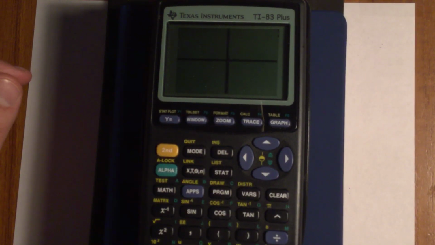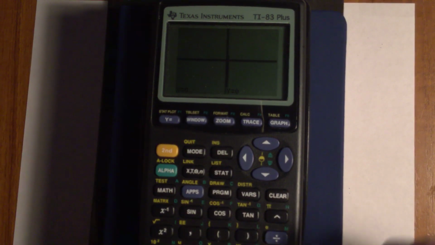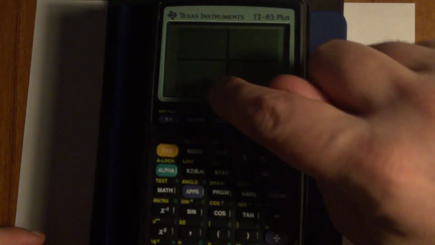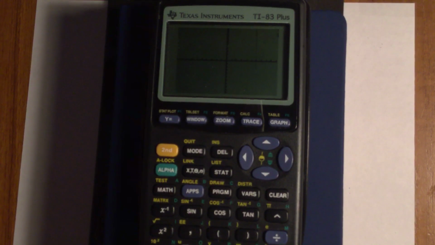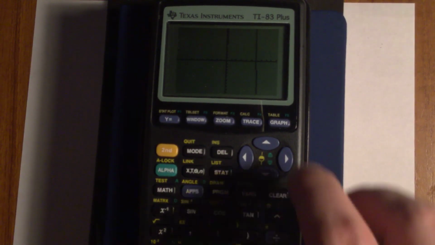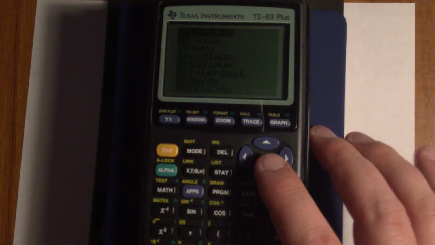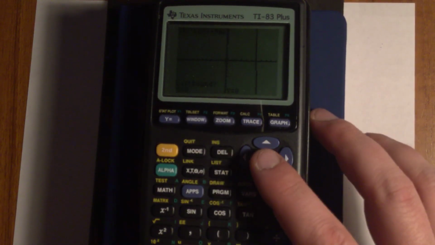And I'll zoom back in a minute. Now, you can't really see it, but it's a very narrow parabola that just goes up and down. So I'm going to go back to the standard window. All right, so let's find the 0.